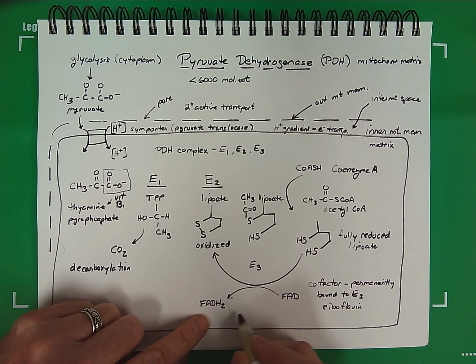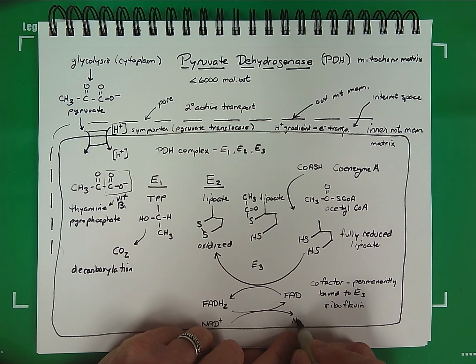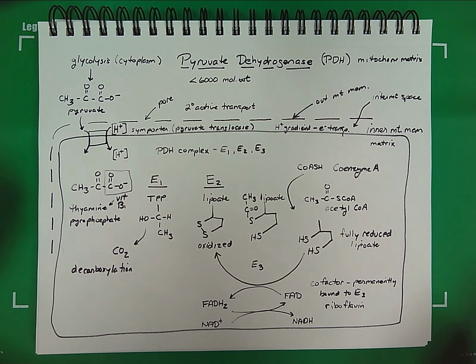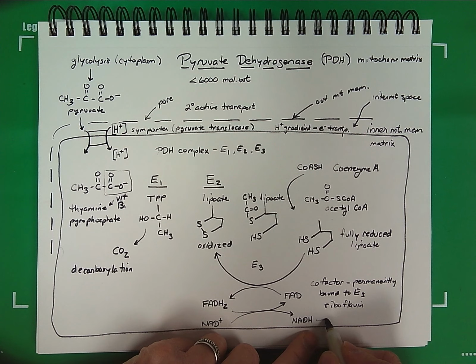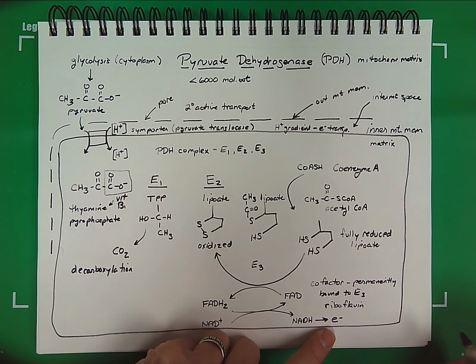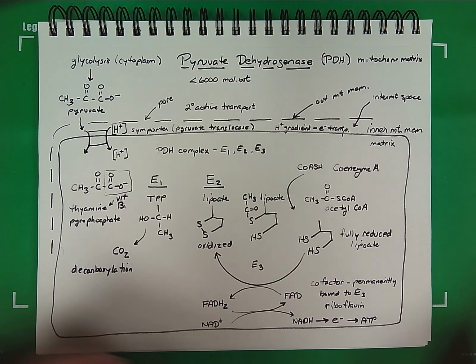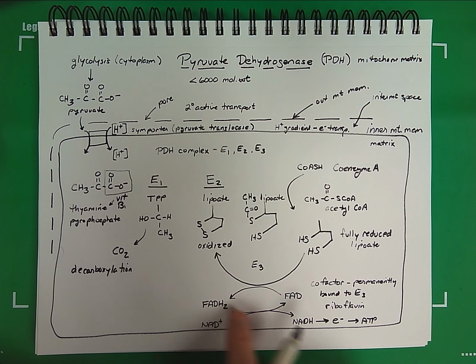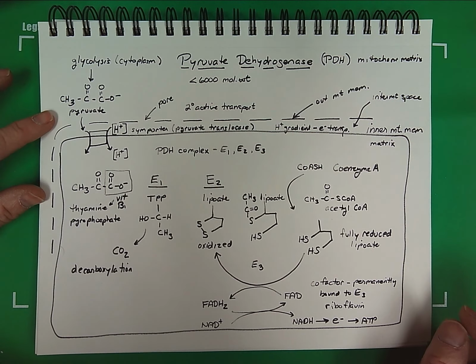And we're going to do this reaction by performing another redox reaction. And in this case, we are going to transfer these electrons to NAD to make NADH. Now, once these electrons are transferred here, these electrons will be put into the electron transport chain, and they will contribute to the generation of ATP. In doing so, we've regenerated the oxidized form of FAD, so we can continue the cycle for the pyruvate dehydrogenase enzyme.